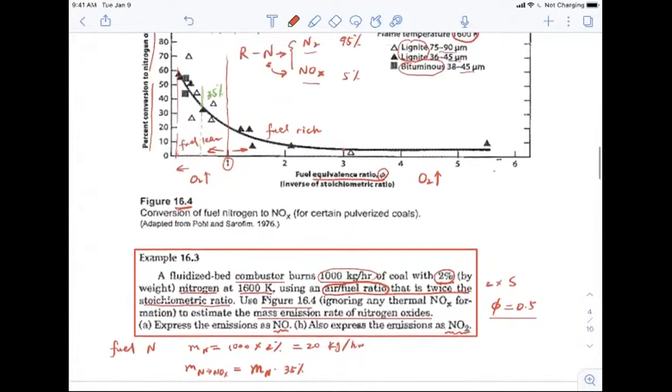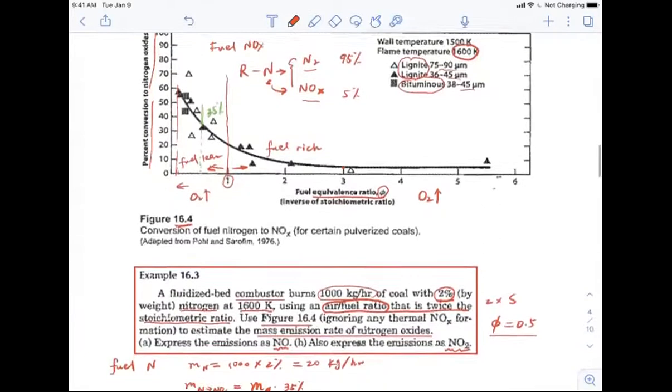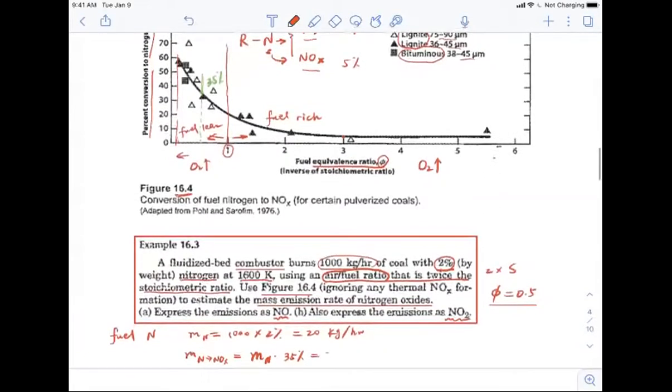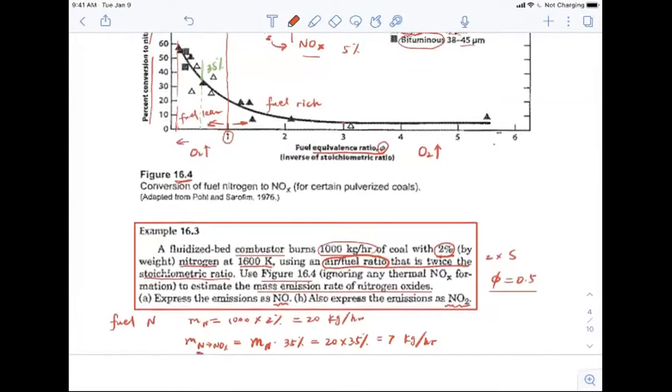So this curve here is the percent conversion into nitrogen oxides. That's going to be 20 multiplied by 35%, which is 7 kilograms per hour. So right now, we're just talking about the nitrogen that could potentially lead to NOx formation.